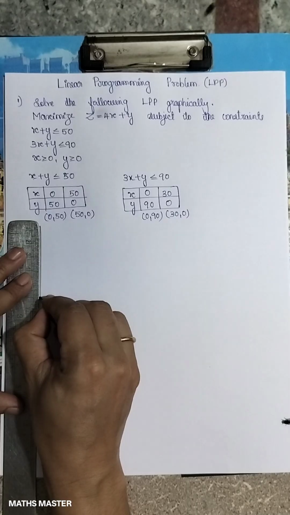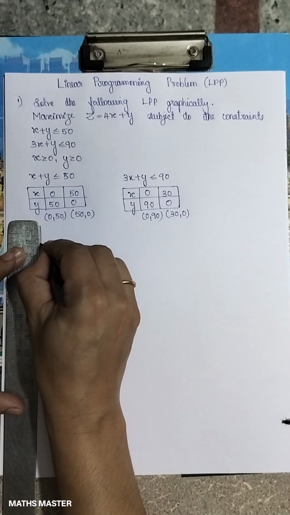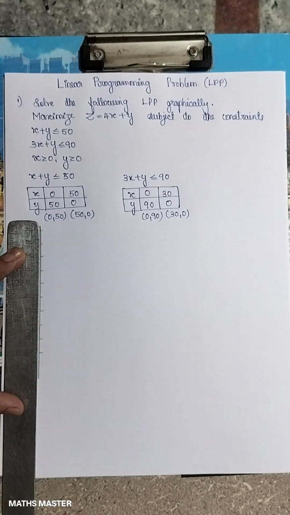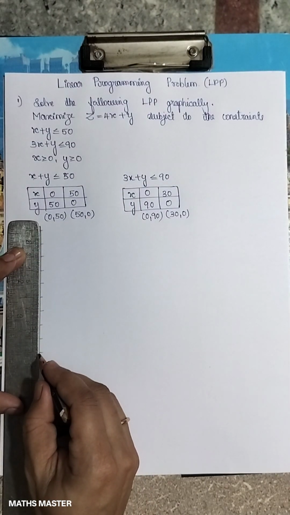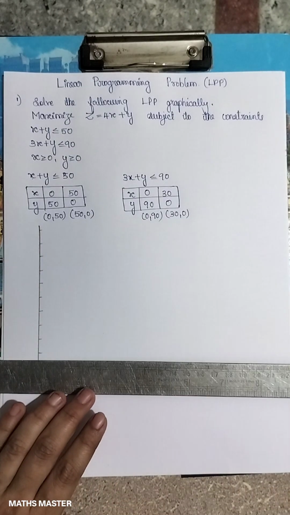You will be given a graph sheet, so you can directly consider it in the exam. Since I don't have a graph sheet, I'll be doing it like this. Same with respect to the x-axis.